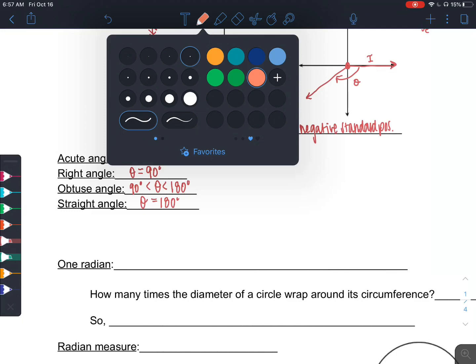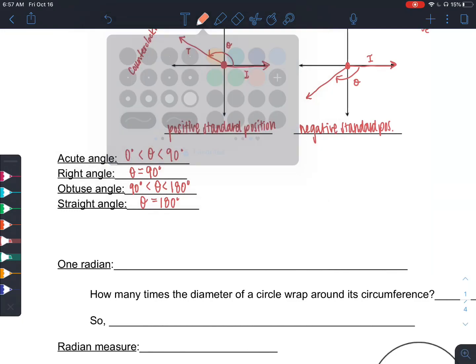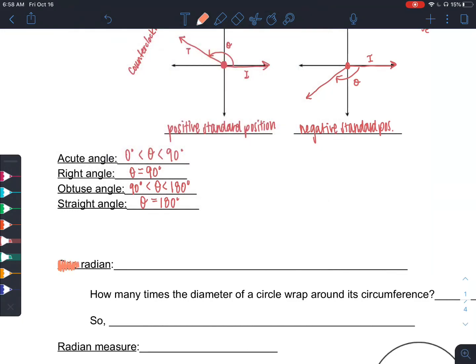Okay, so a radian, the measure of that is going to be the length of the intercepted arc divided by the radius.